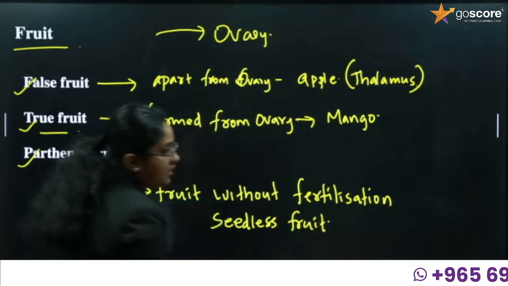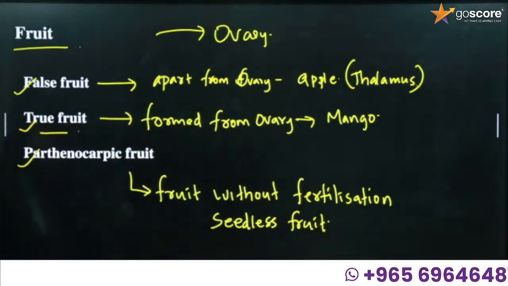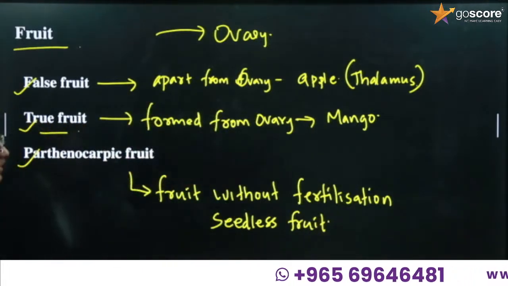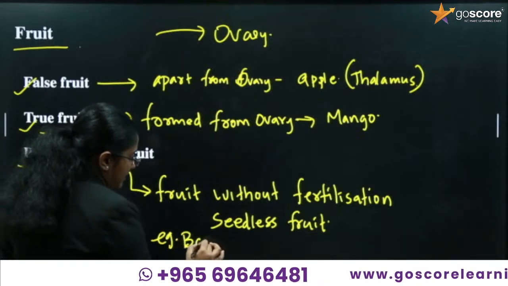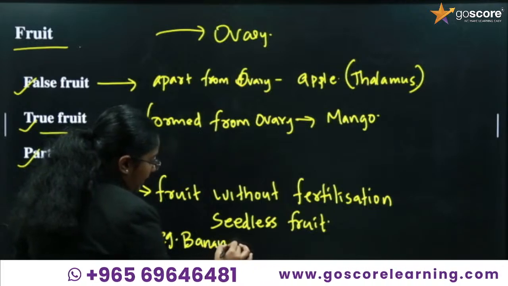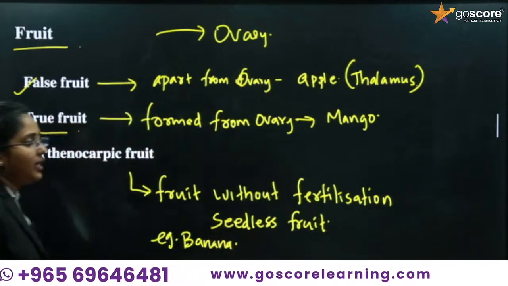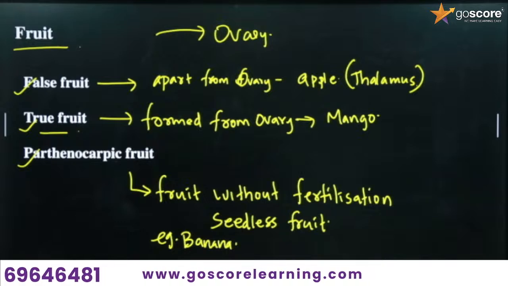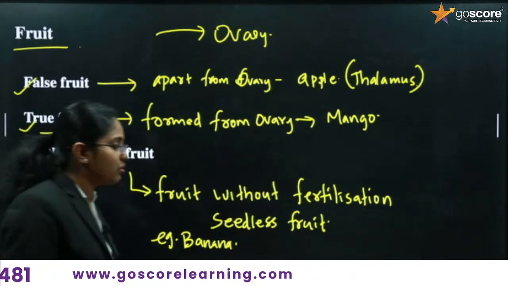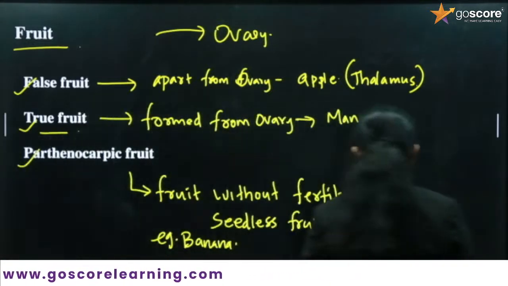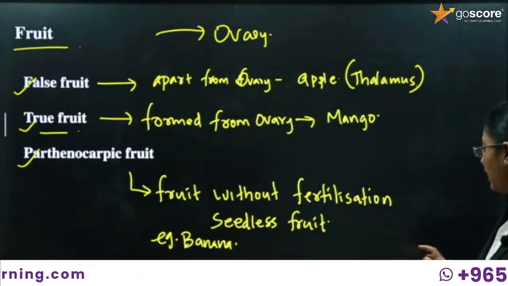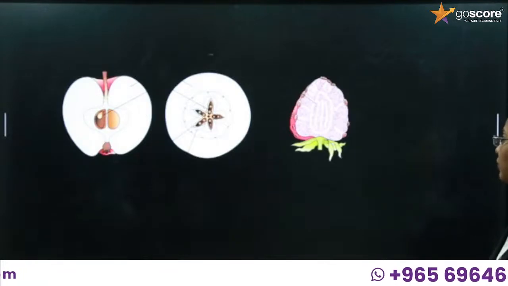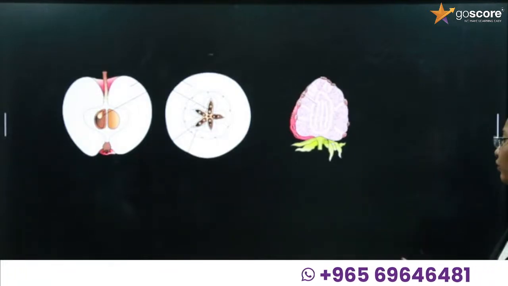Also remember the example: banana. Do you find any seeds in banana? No, right? So we can say banana is a parthenocarpic fruit. Okay, clear. So these are the three different types of fruit: false fruit, true fruit and parthenocarpic fruit.